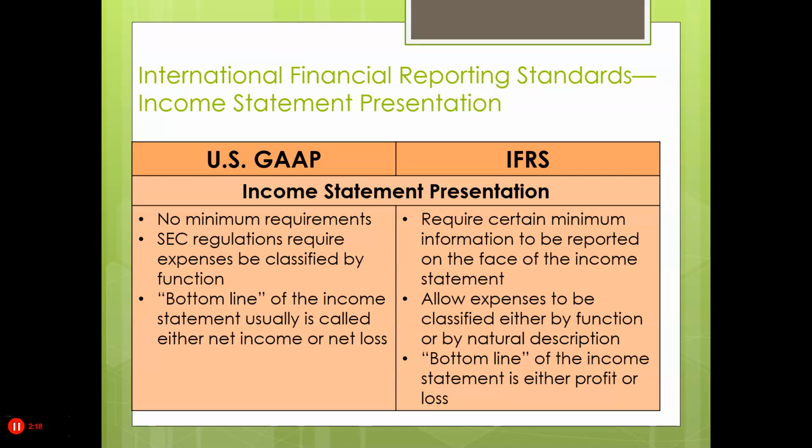The SEC regulations require expenses be classified by function, versus the international standard, which allows expenses to be classified either by function or by natural description. I don't know what that means. The bottom line of the income statement is usually called either net income or net loss, but under the international standard it is either profit or loss.